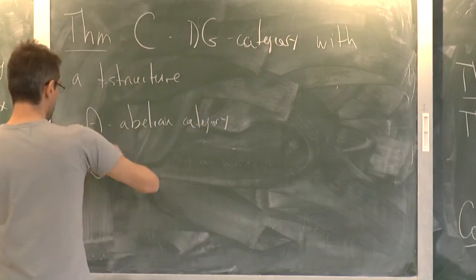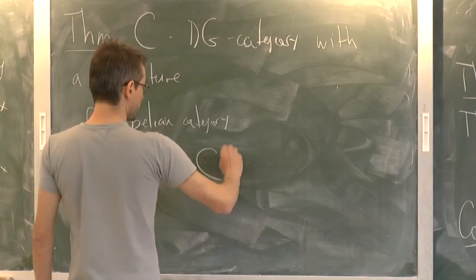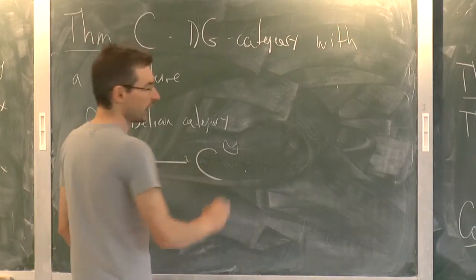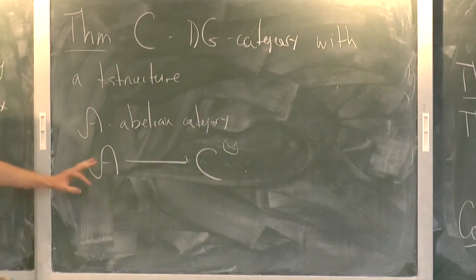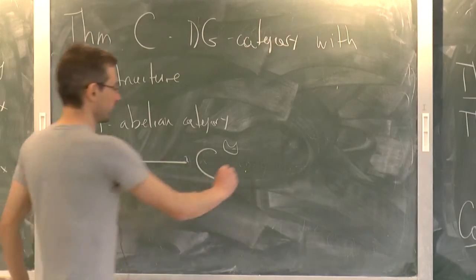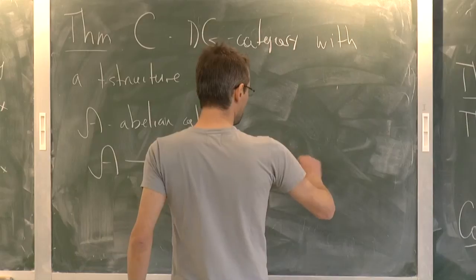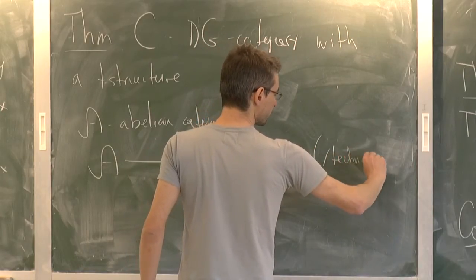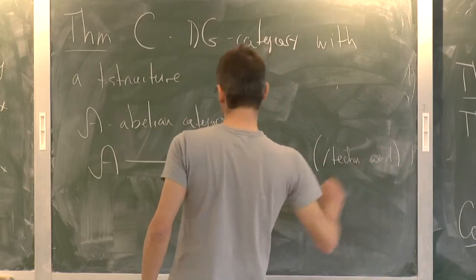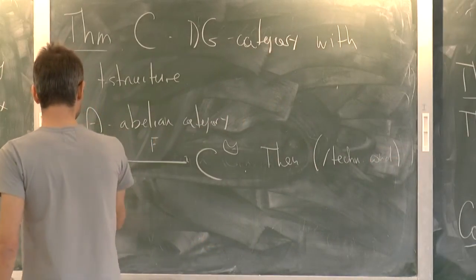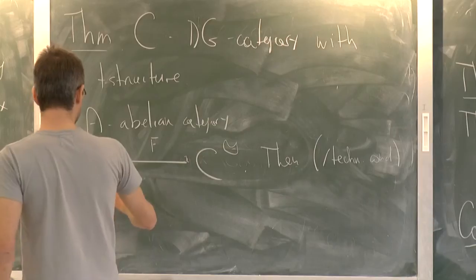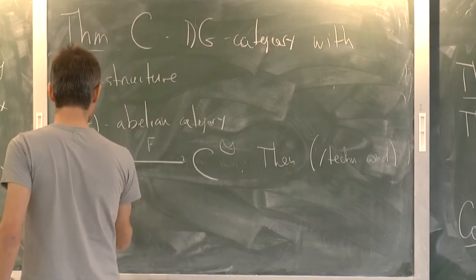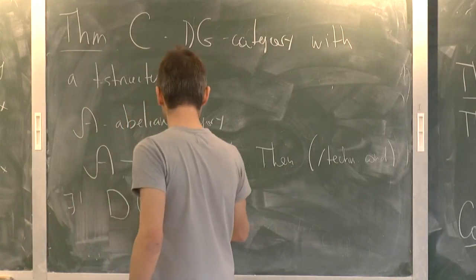And suppose you're given a functor from A to C heart. Then, under some technical conditions which are listed in the notes, this functor uniquely extends to a functor from what is called the derived category of A to C.